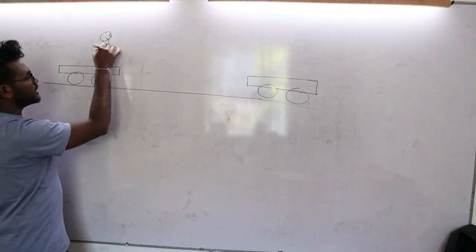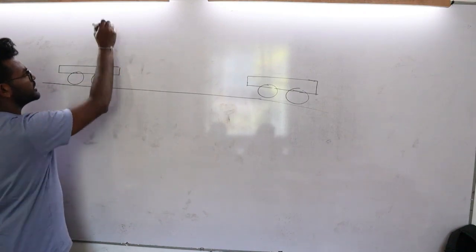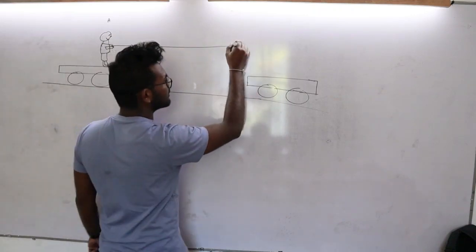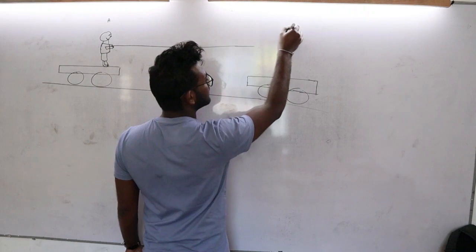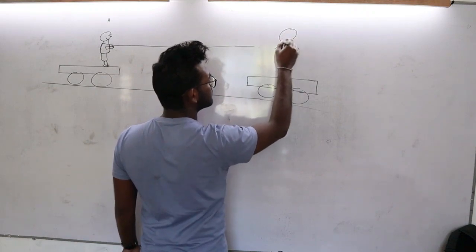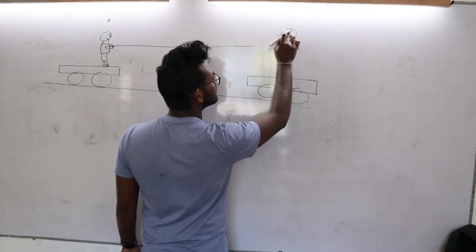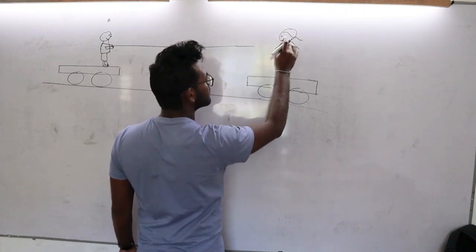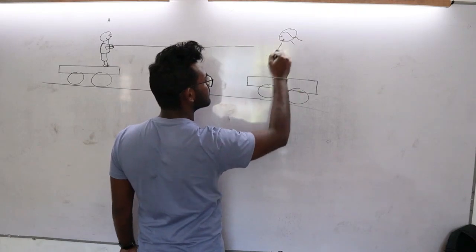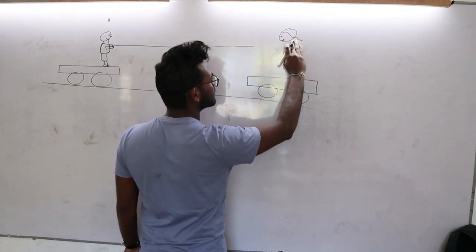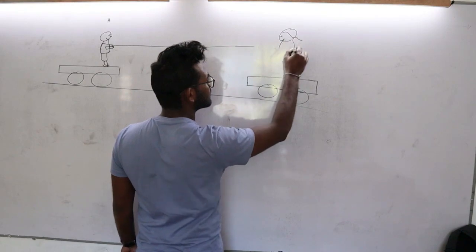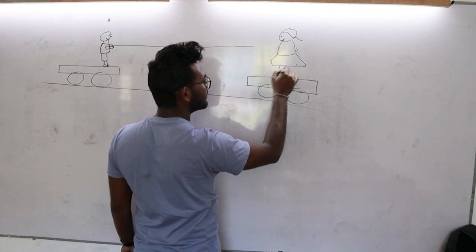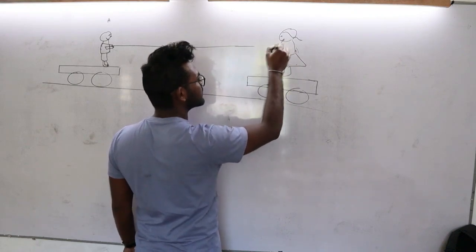Okay, so let's say two children are there. Let's say this is A and this is B. A girl and a boy maybe pulling the strings.